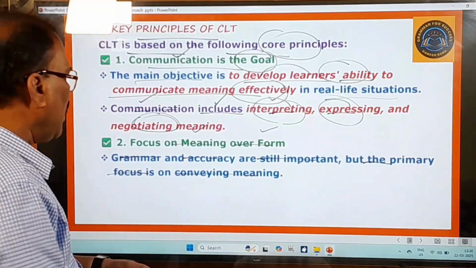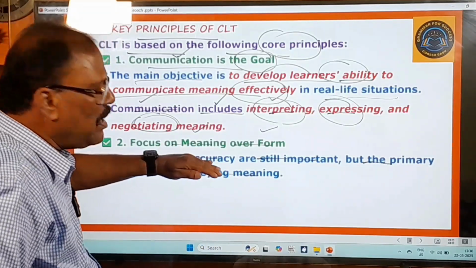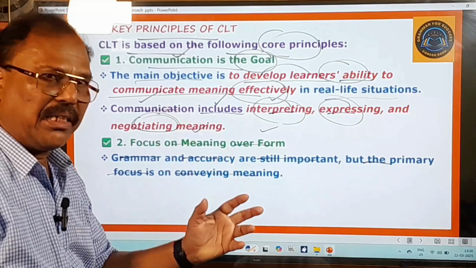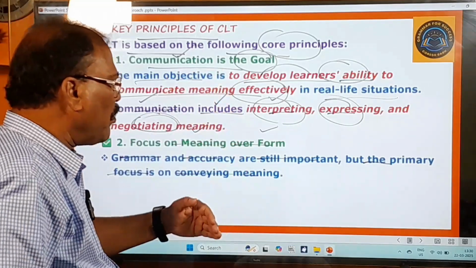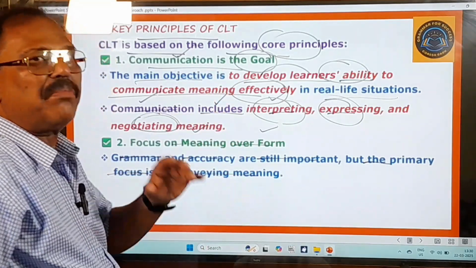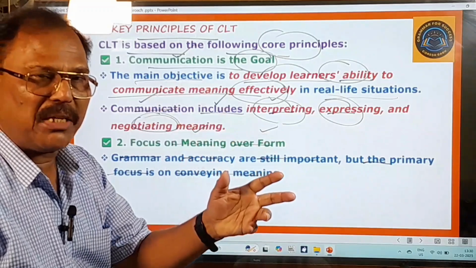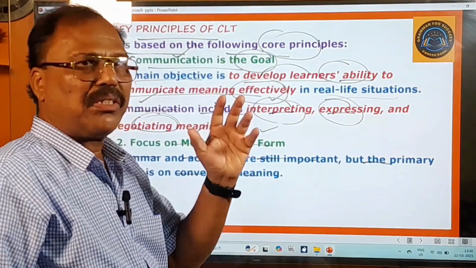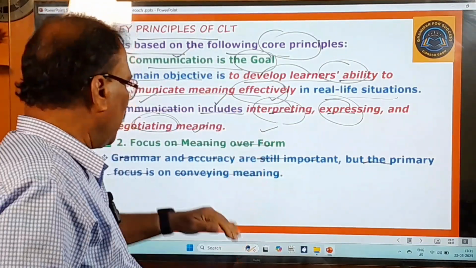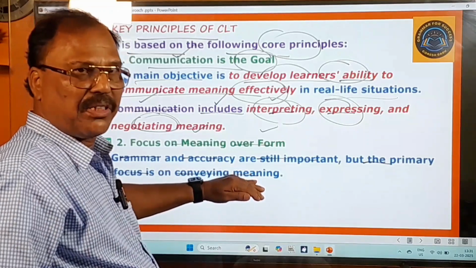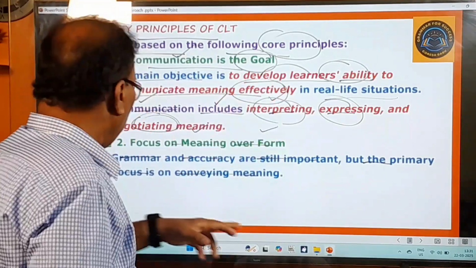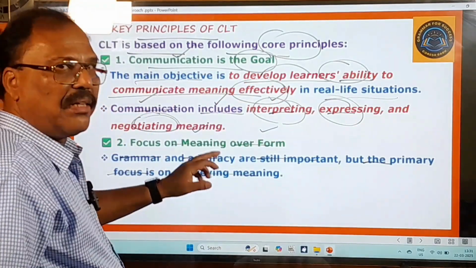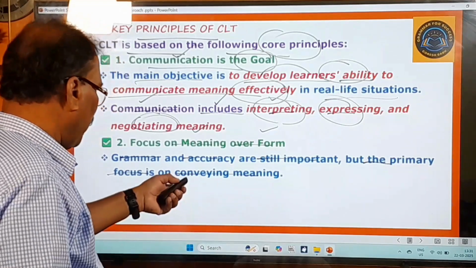So in this CLT, grammar and accuracy are given importance, but at the same time, conveying meaning is given more priority. That means simply grammar and accuracy are not important, but conveying meaning is very important. So meaning is more important than grammar and accuracy. That is what you can understand from this point.